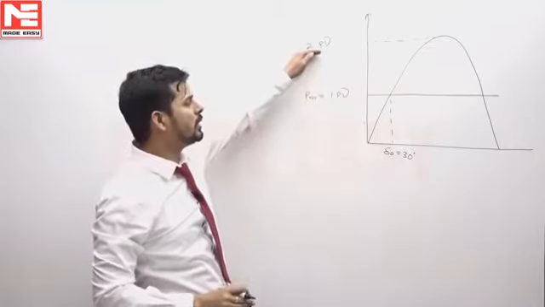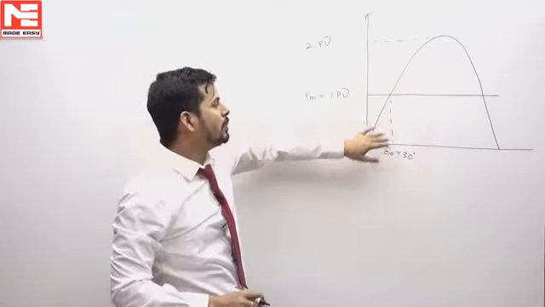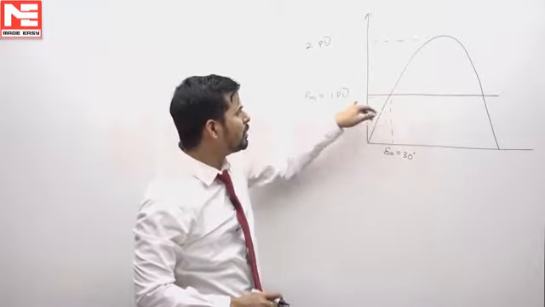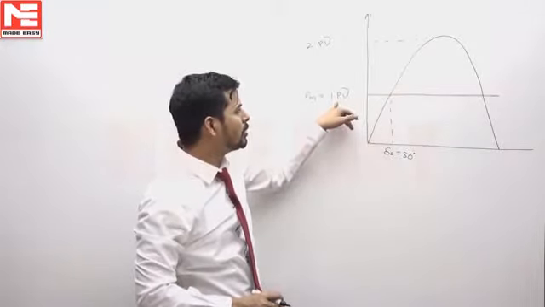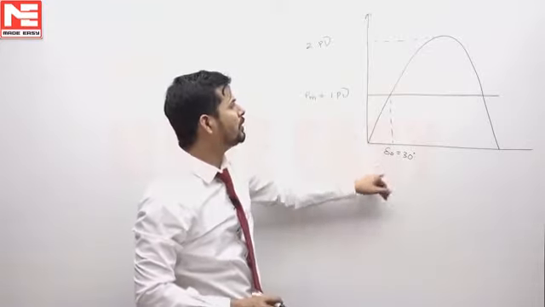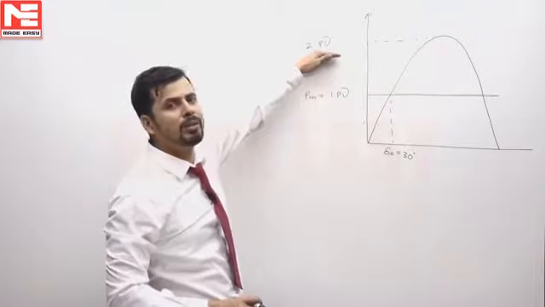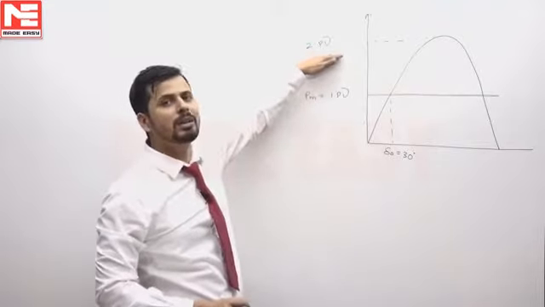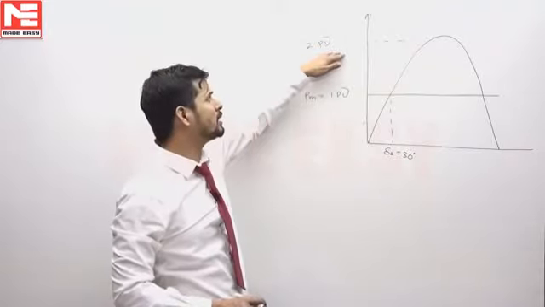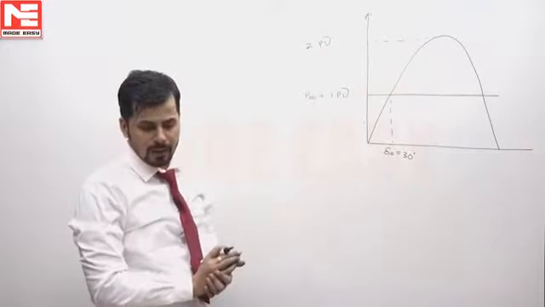If the maximum is 2 per unit, then only the electrical power output of the generator will be equal to the input, equal to 1 per unit at 30 degree. So, using these two data, we can calculate the maximum power, the steady state stability limit of the system in pre-fault condition, equal to 2 per unit.